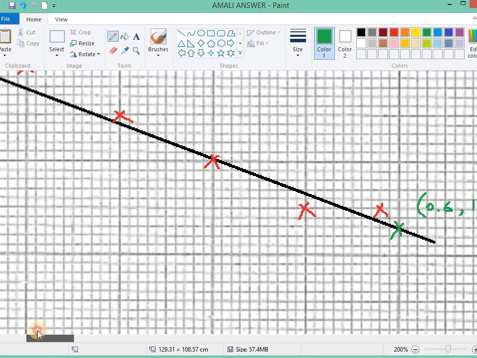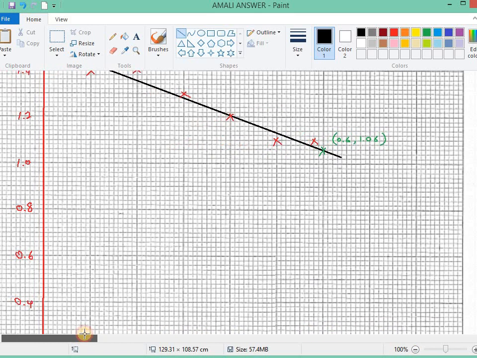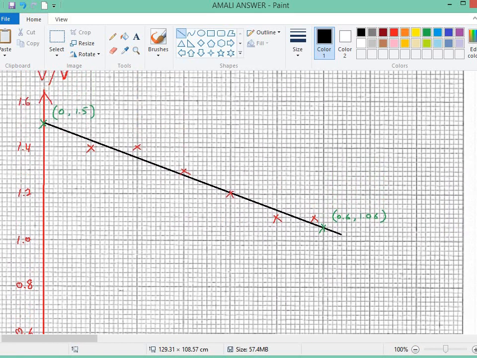So you choose the 2 points already, and then after that you need to draw a triangle. Okay, you must draw a triangle to join. You draw a triangle to show which 2 points you choose.